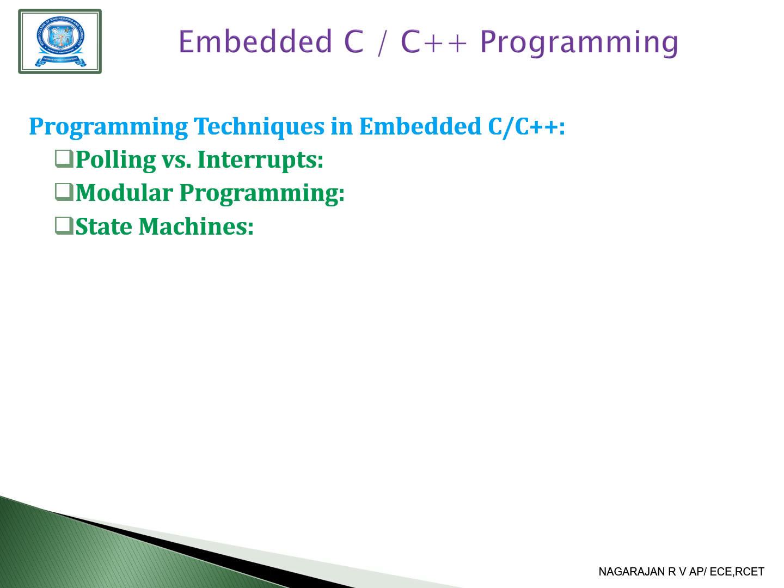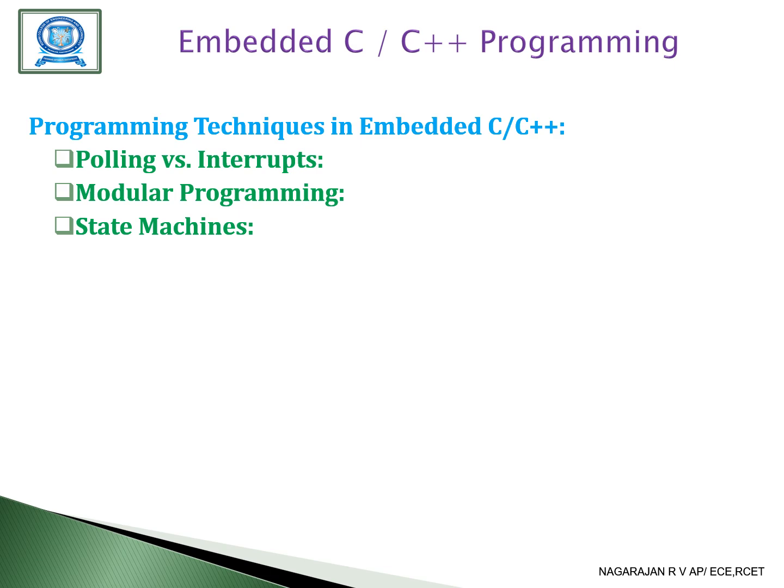This technique is simple but can be inefficient as it consumes CPU cycles. Next, interrupt means configuring a peripheral to automatically trigger a function when a specific event occurs. So polling continuously checks the status of a peripheral, while an interrupt automatically triggers a function when a specific event occurs.